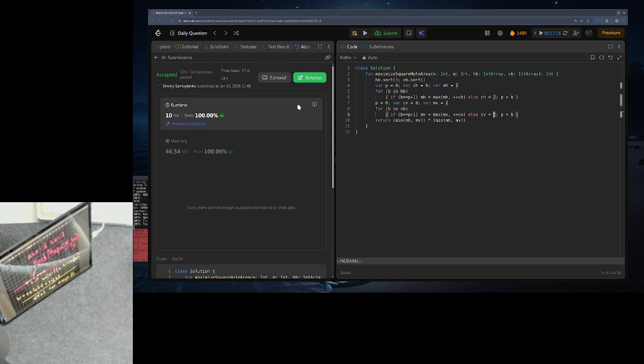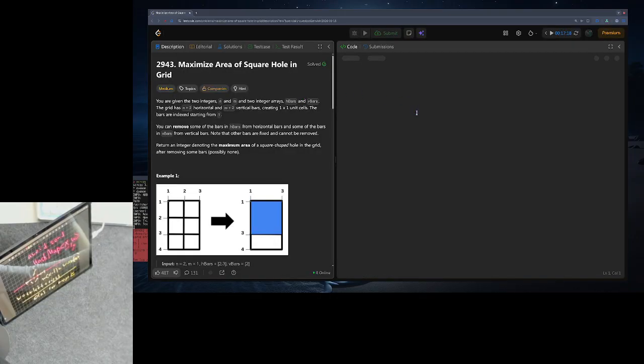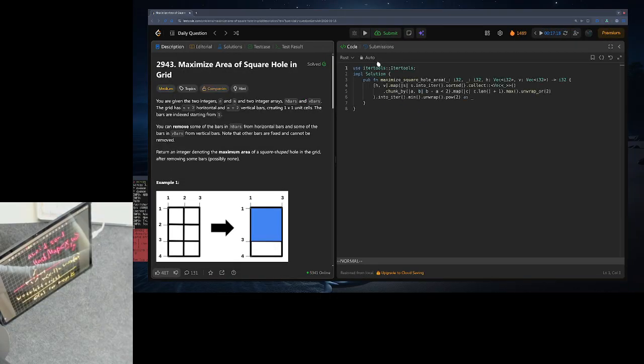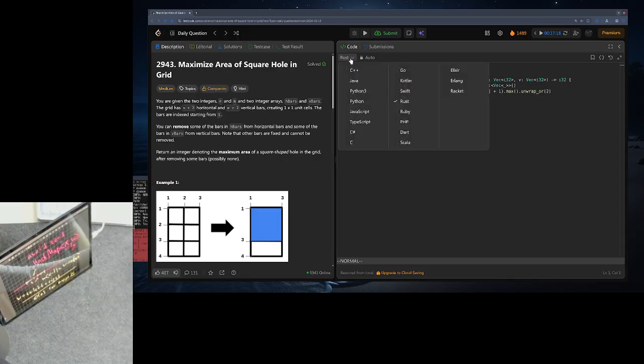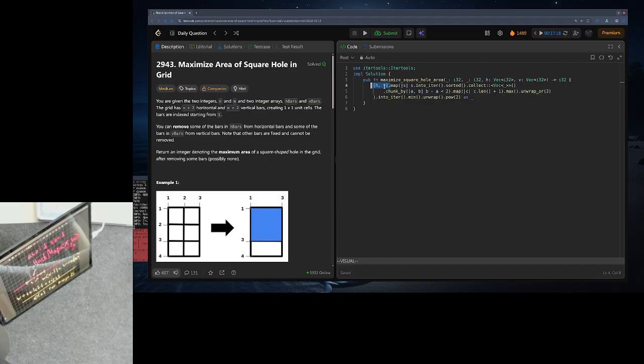I like to compress the code. Here's my Rust solution. We can iterate over H and V in the same way. So we put this in a list and then map, then we sort, and then in Rust we have a function that chunks by some k, and the k is the difference between numbers.